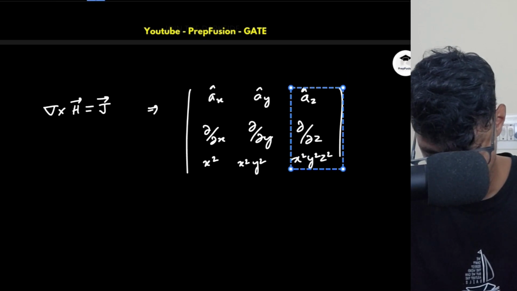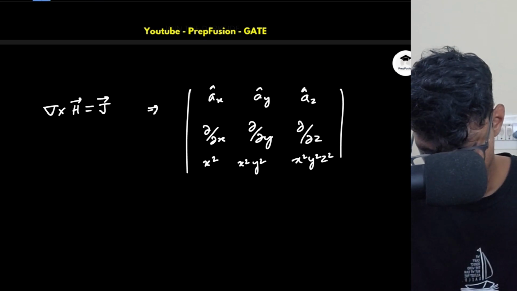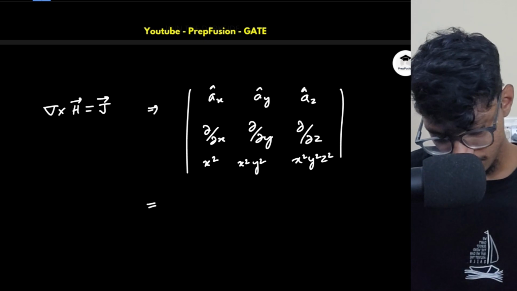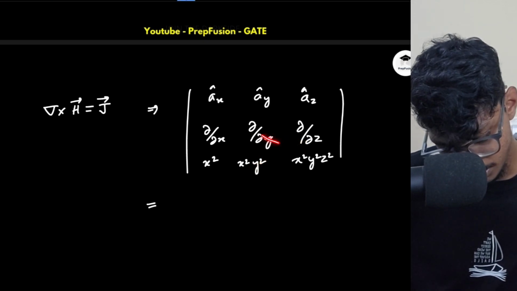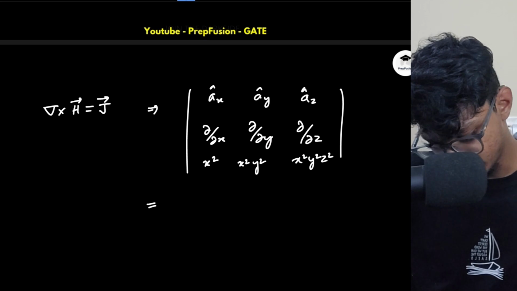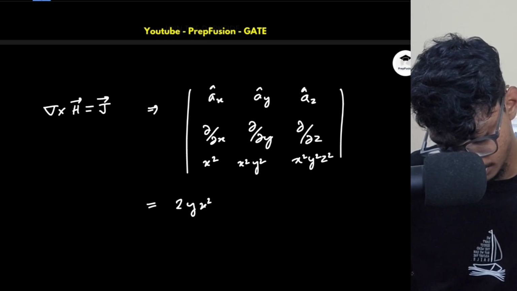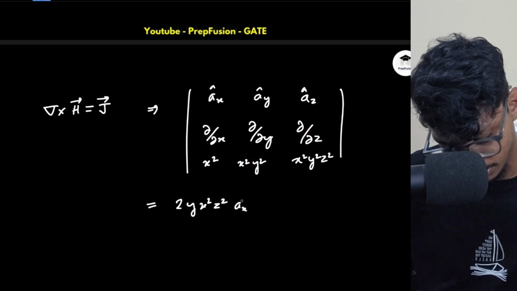So this is equal to what? This is equal to this times this, so this becomes 2y x square z square, 2y x square z square minus 0. So this is only the ax cap component.